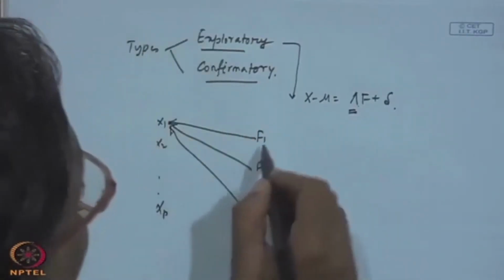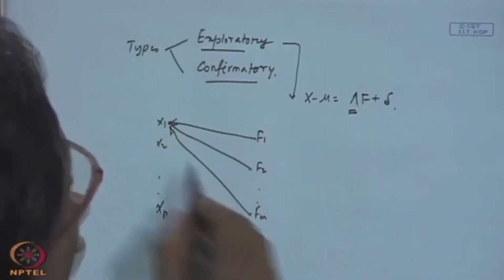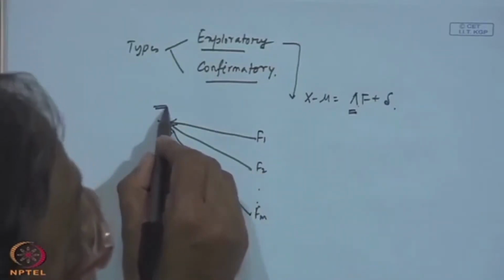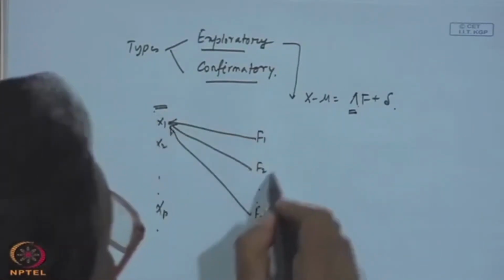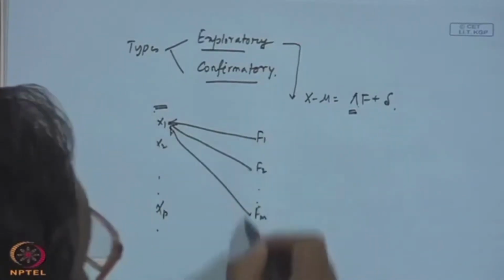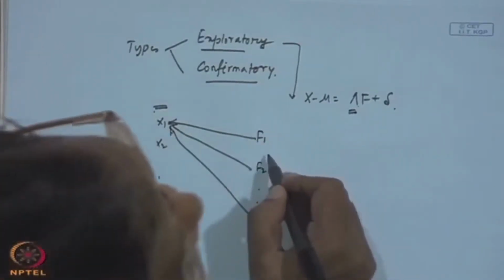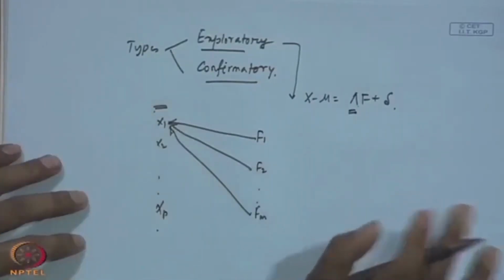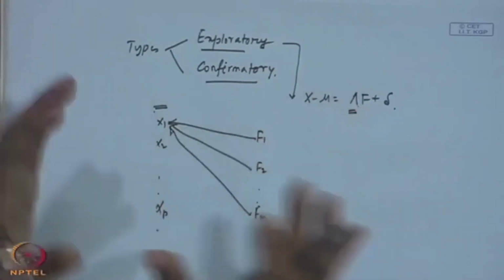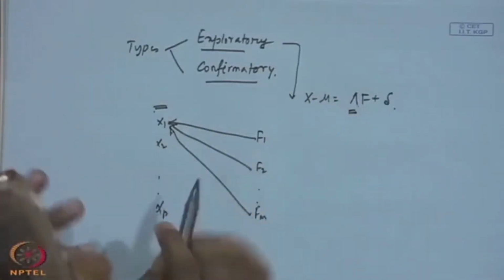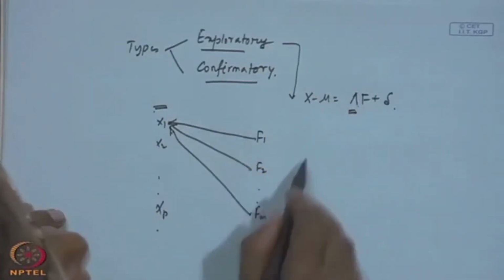I do not know exactly which x variables are coming out of which of the f's. That is why I am allowing the full set of relationships first hand.